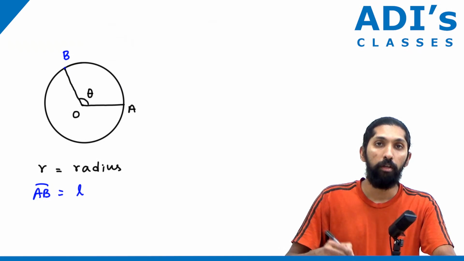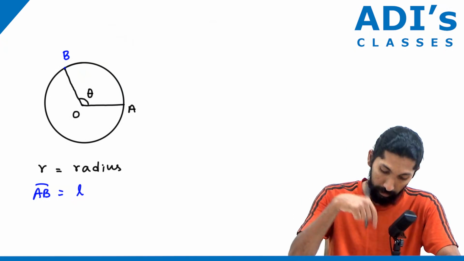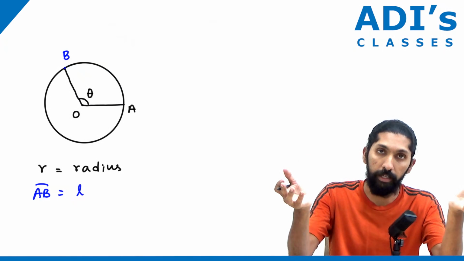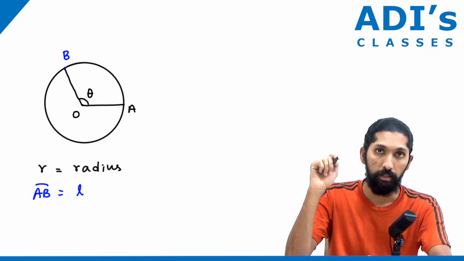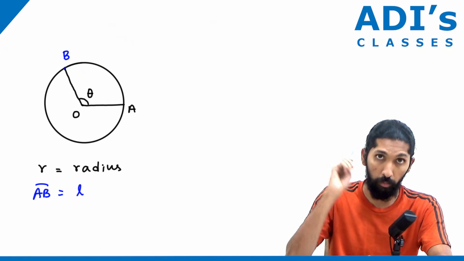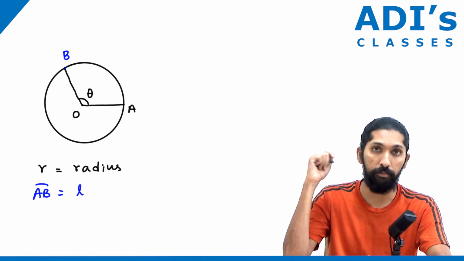Now, the relation between the arc length L and the central angle theta. Think about it. The more the value of theta, the more is the value of L, and vice versa, correct? That means they are directly proportional to each other. So we can say L is proportional to theta.